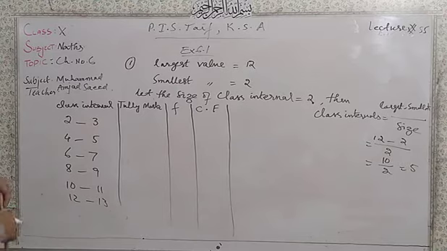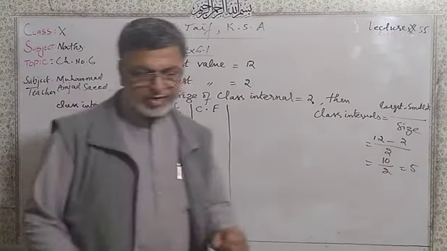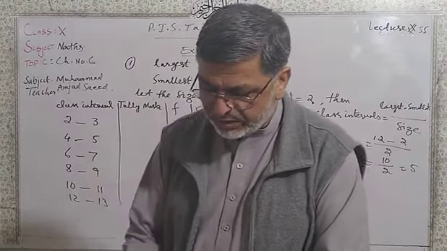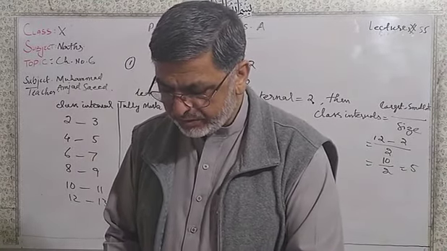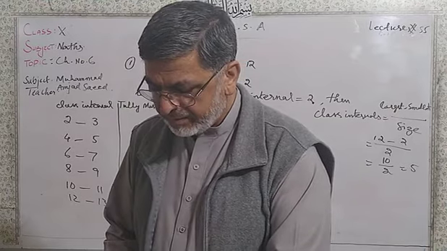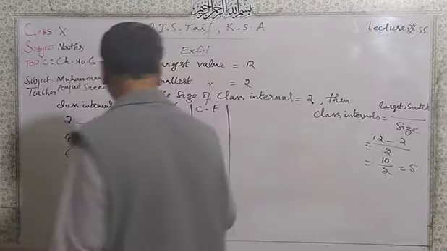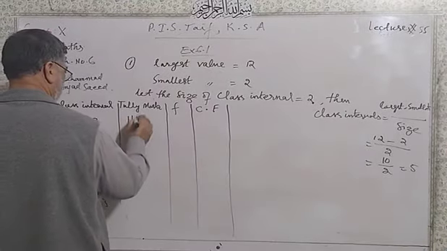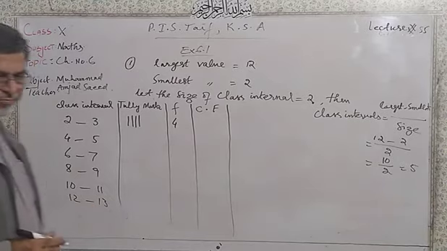We have to find from 2 to 3 how many values are coming in this range. Here is 1, 2, 3, 4. Yes, there are 4 in 2 to 3. You can draw these 4 lines. Frequency is 4.